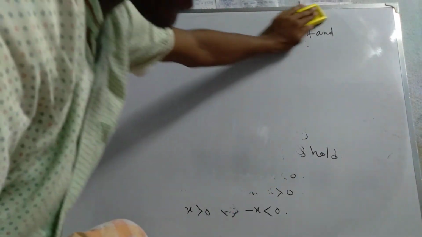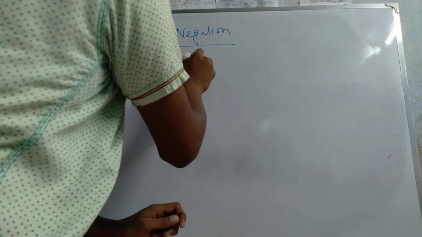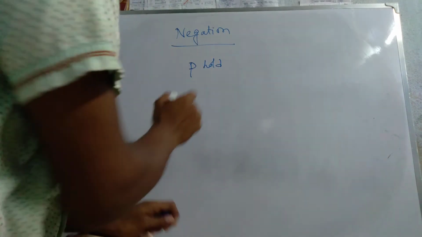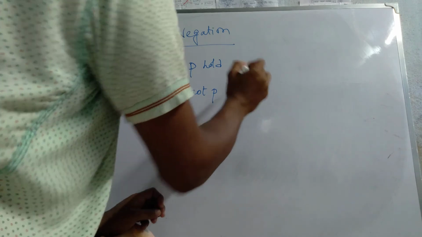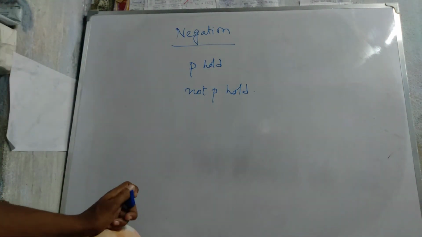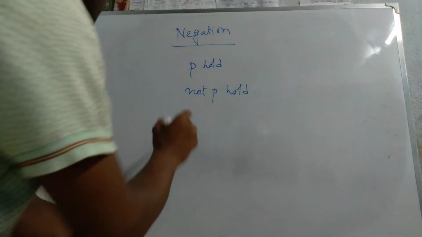Next we proceed to the negation of a statement. If P holds, then the negation is: P does not hold. In a simple way, we see an example.